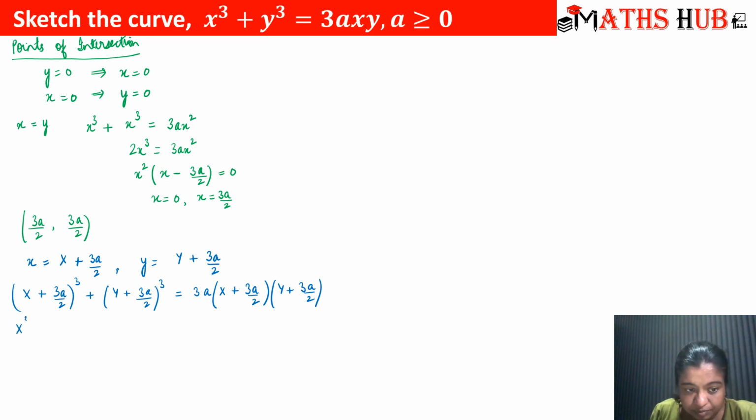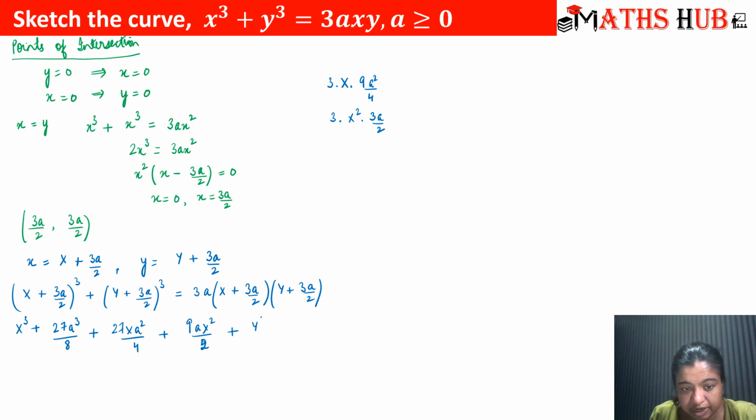So we get x cube plus 27a cube by 8 plus, I'll just write the term here, 3 into x into 9a square by 4. So that will give us 27x a square by 4, plus the next term would be 3 into x square into 3a by 2. So that would be 9a x square by 2, right?